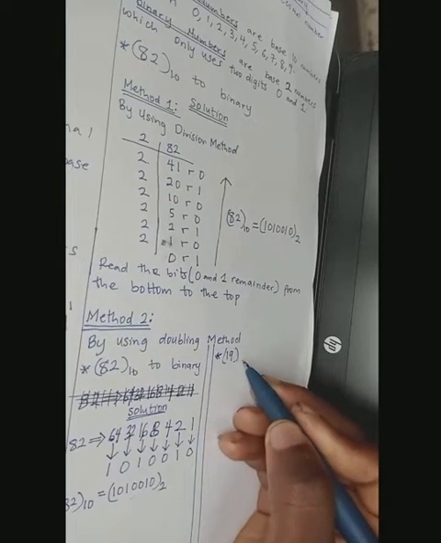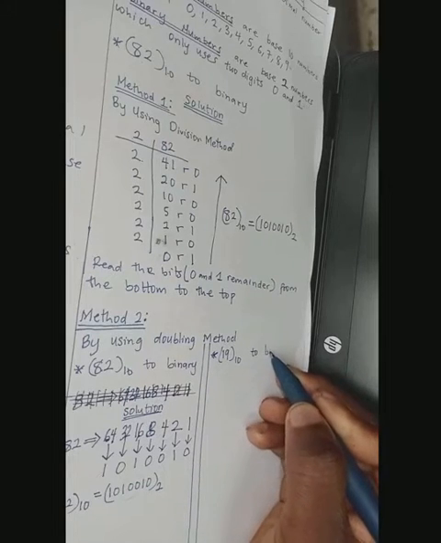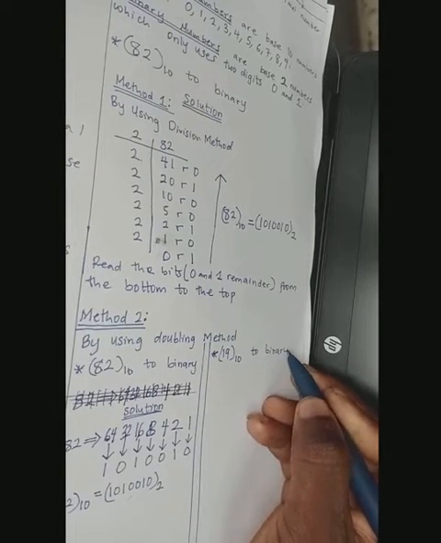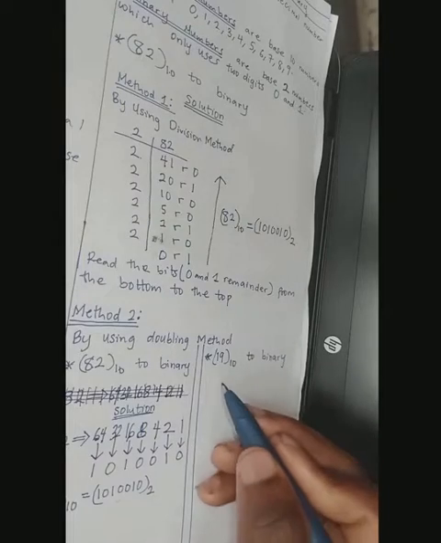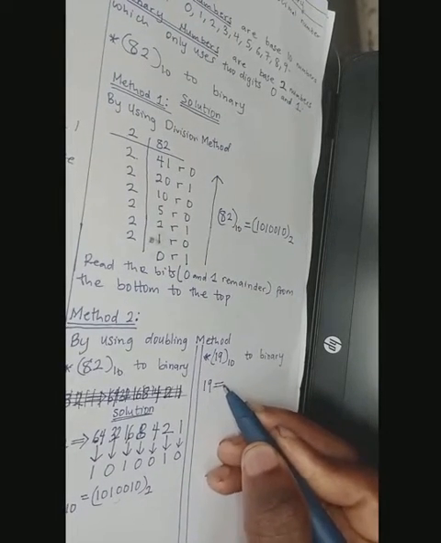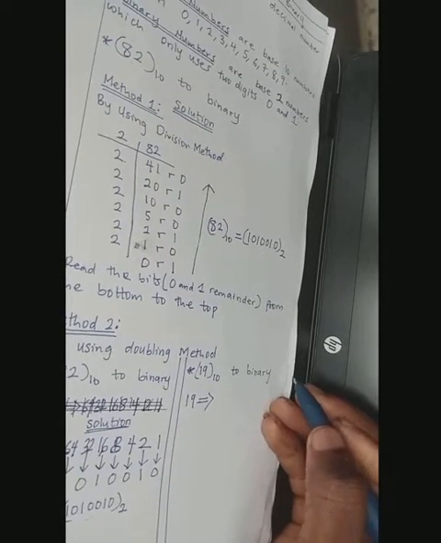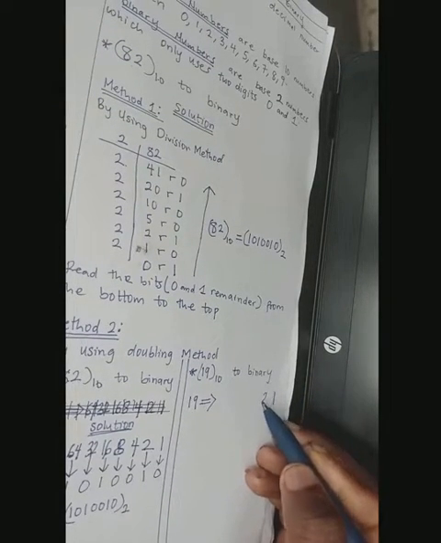19 in base 10 to binary. Now let's do this. You will write your 19. The arrow, you will start from the right hand side here. So you start with 1. If we double this 1, it will give you 2.